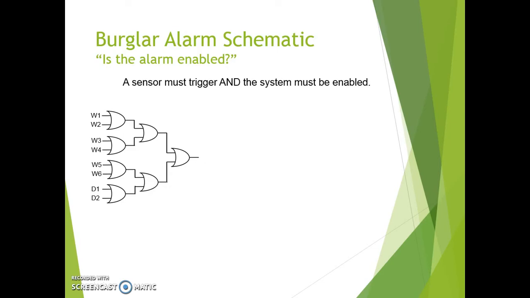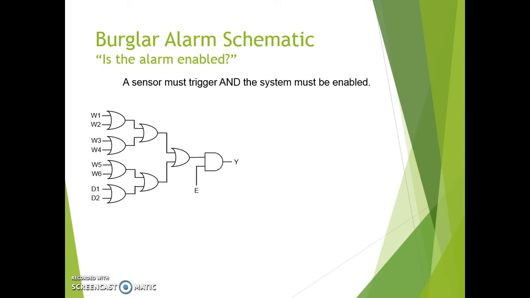What we can do, in simple word terms, is state that a sensor must trigger and the system must be enabled in order to have the alarm go off. And notice that it's pretty easy to decide what kind of gate we want to add here. We need an AND gate.